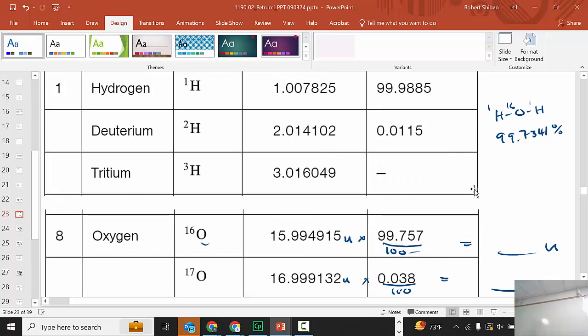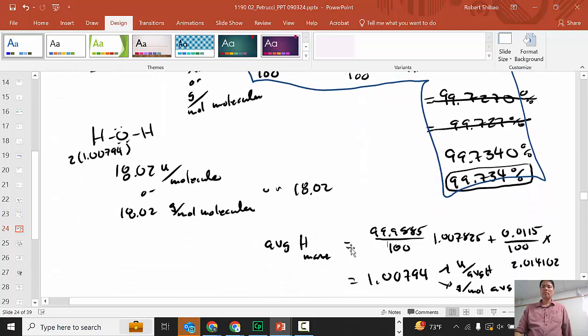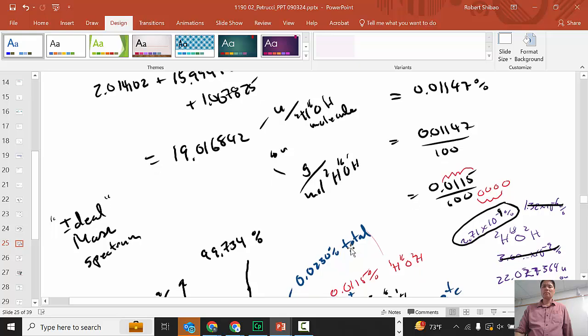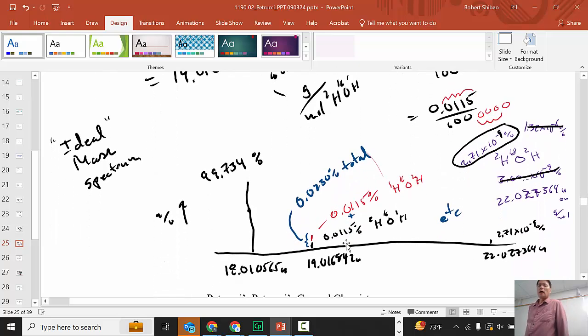Here, we only have 3 sig figs. And so that's going to limit our precision.